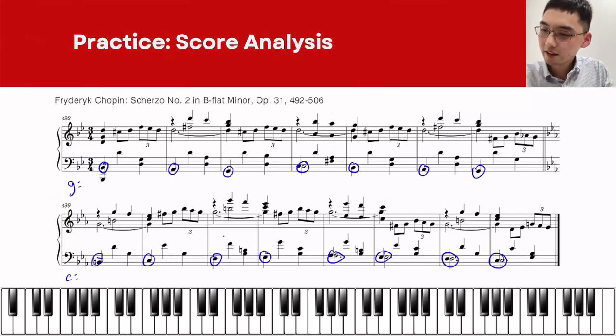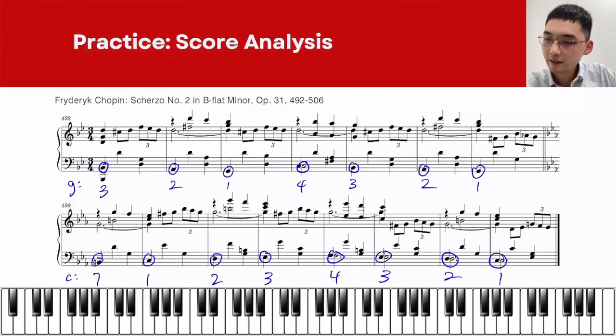So let's see. This is scale degree 3 in the bass, 2, 1, 4, 3, 2, 1, 7, 1, 2, 3, 4, 3, 2, 1. Okay, so if I have scale degree 3, that's going to give me 1, 6.